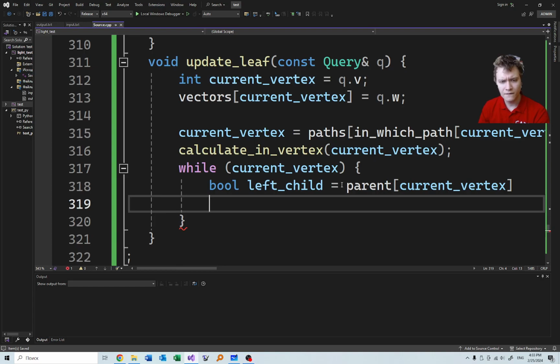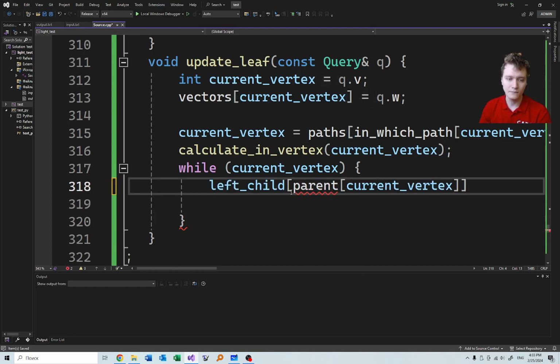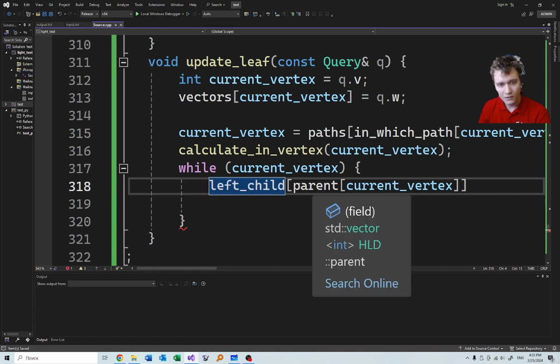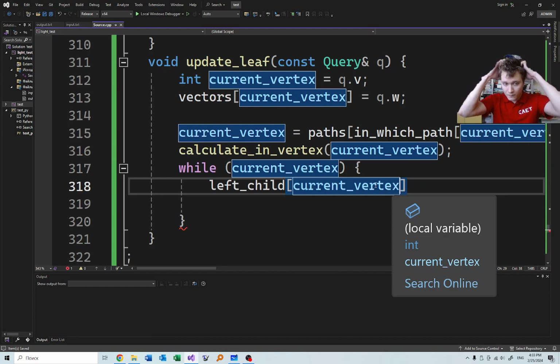Okay, we know if we are left child or not, so let's take it. No, left child of current vertex simply. Okay, now we know if we are left child or right child.